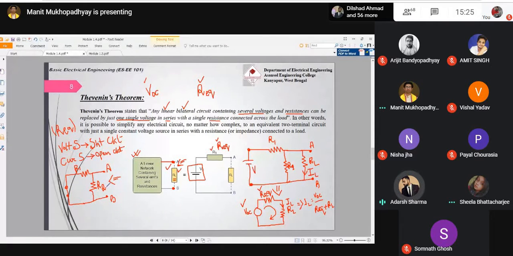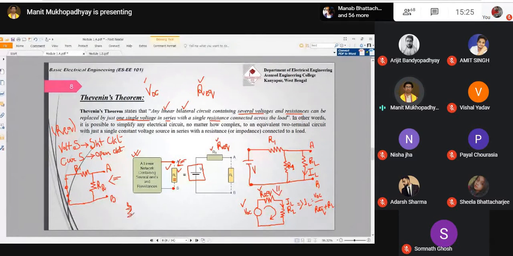Sir, R1 plus R2. Why? Because they are connected in series. Correct? That means R1 and R2 are in parallel, not in series. Check. As this portion is short circuited, are R2 and R1 in series? No, they are in parallel, because we can redraw this circuit like this.